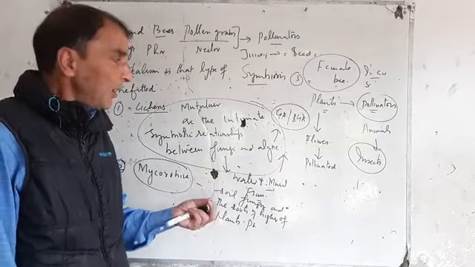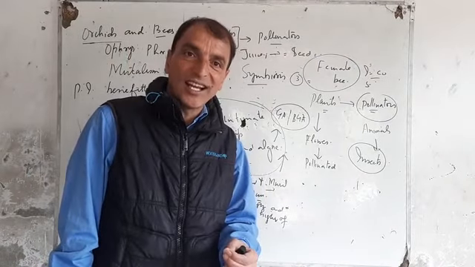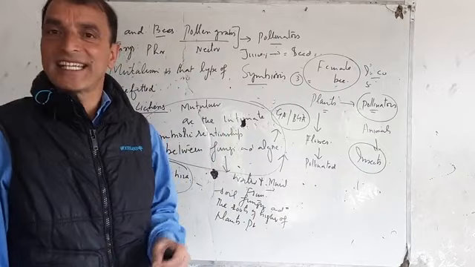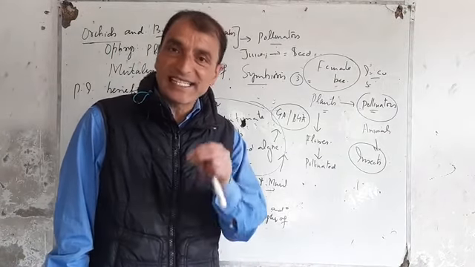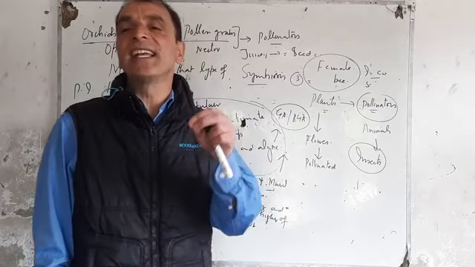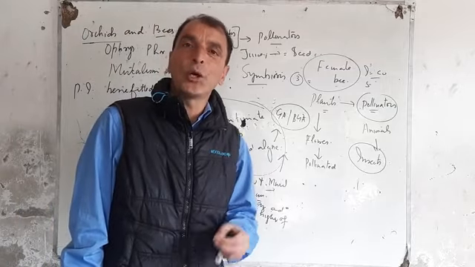This is sexual deceit, where some plants get their flowers pollinated and get their seeds dispersed without paying any reward or fee.